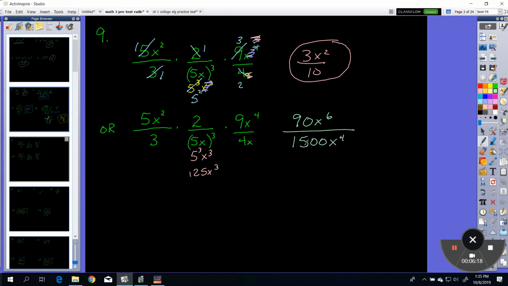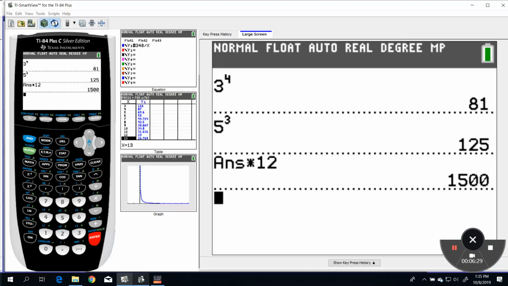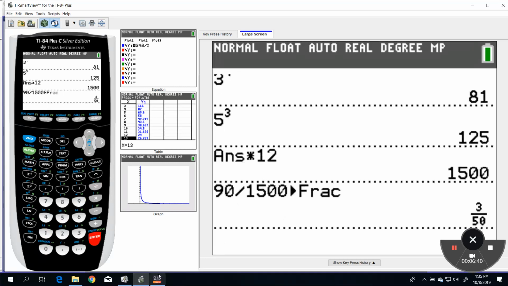So 1 plus 5 is 6, so I know this is divisible by 3, and these each end in 0, so I know I can divide them by 10. So I'm going to divide them by 30. Or I'm going to come to my calculator, and I'm going to say 90 divided by 1,500, math, enter, enter. It tells me that it is 3/50.